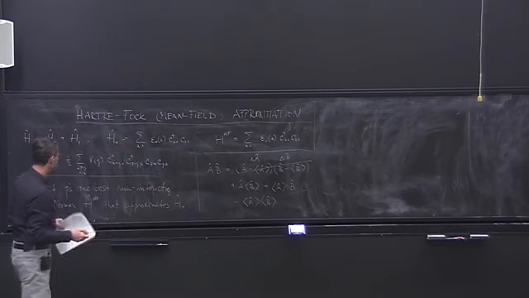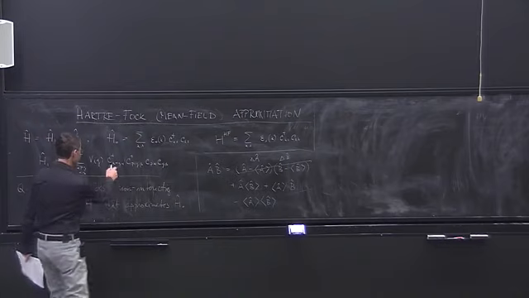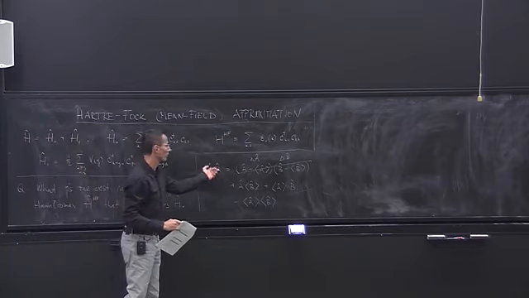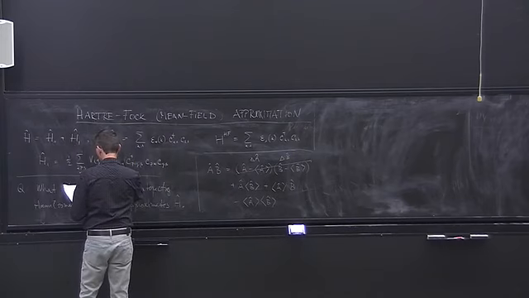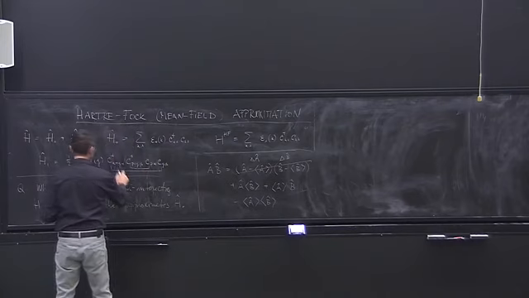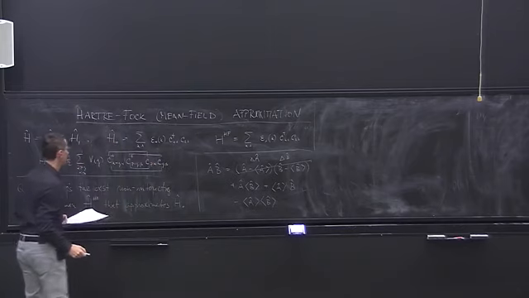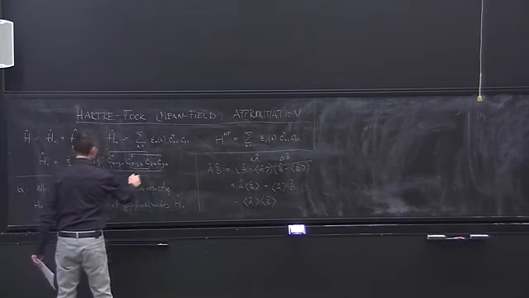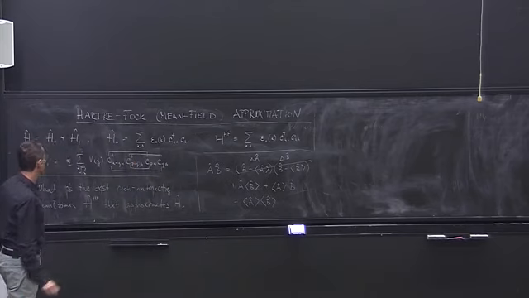For this, we have to identify which pairings of these four operators we should identify as operators A and B. According to our previous discussion, there are two possible pairings expected to give non-vanishing expectation values, these two and these two, like we did on previous occasions.